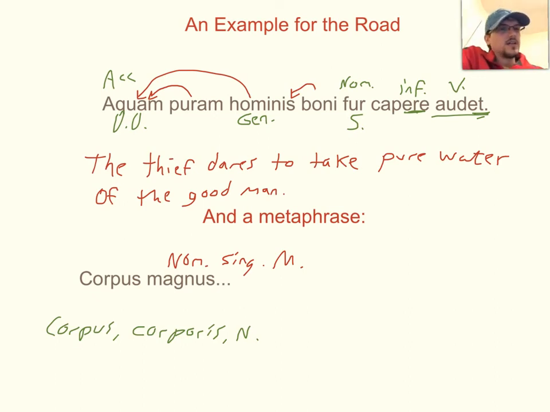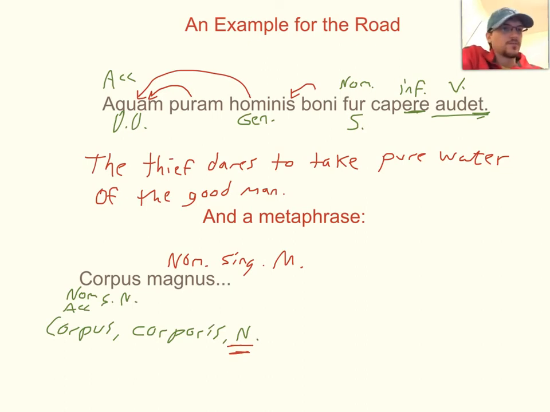Does not. So when we metaphrase this and we say, okay, remember our neuter rules here, that corpus can be nominative or accusative, singular, neuter. Okay? So, if we have a nominative singular masculine, we know that whatever Magnus is modifying that comes after it is likely going to be the subject here.